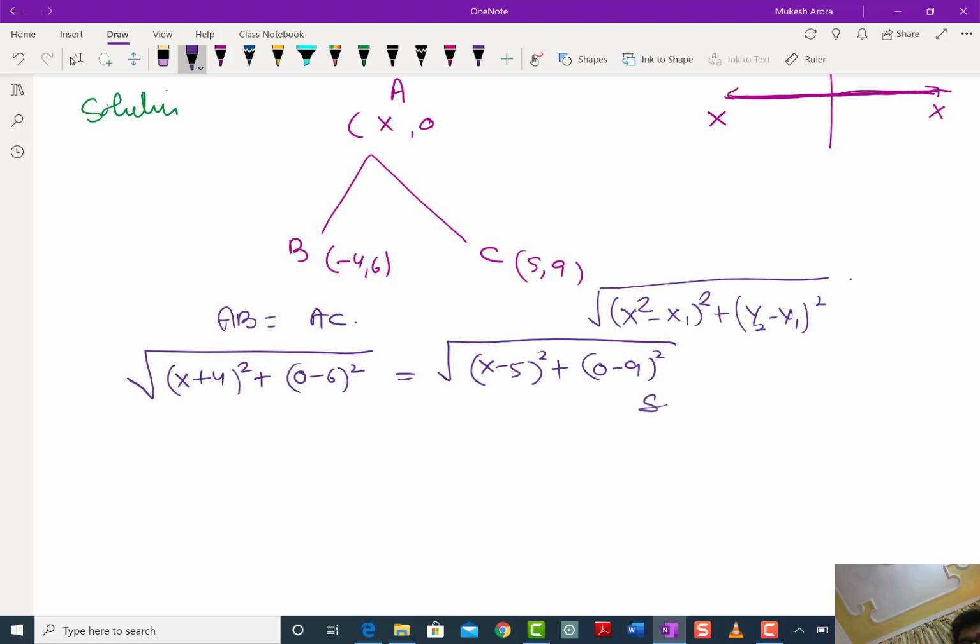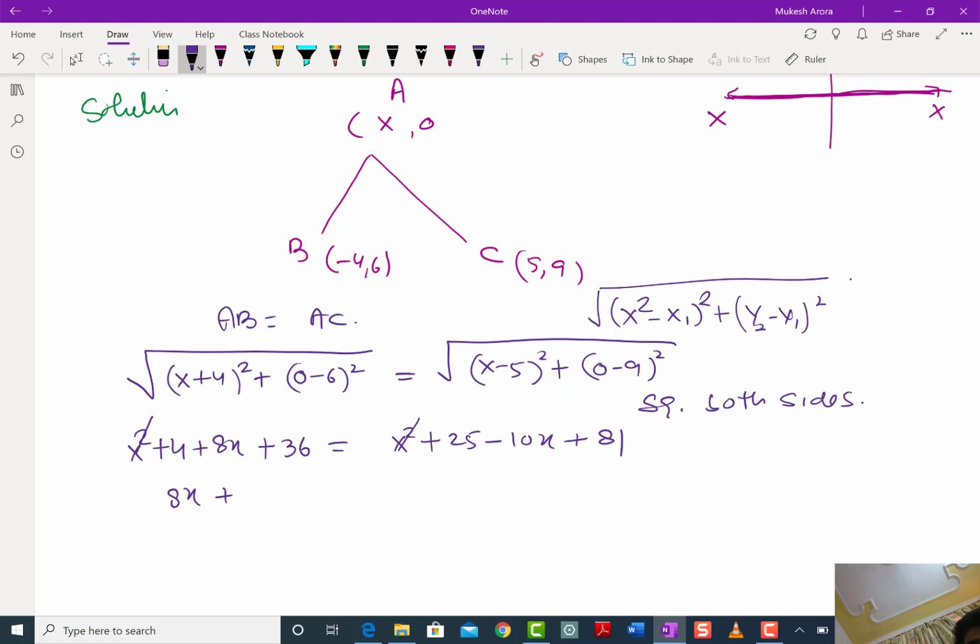Squaring both sides, this will be x square plus 16 plus 8x plus 36 is equal to x square plus 25 minus 10x plus 81. The x squares cancel. 8x plus 10x is equal to 25 plus 81 minus 16 minus 36.